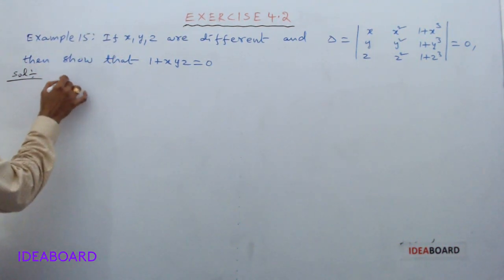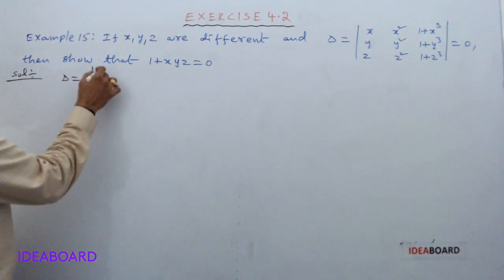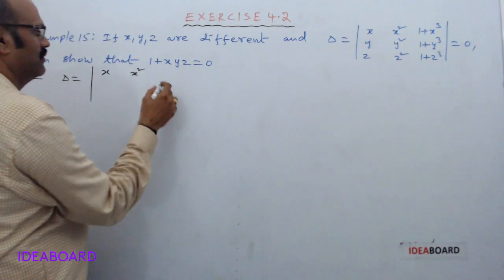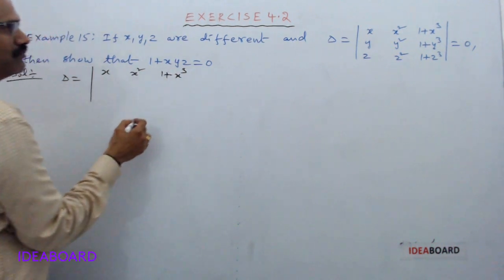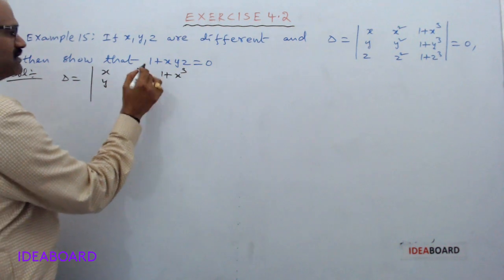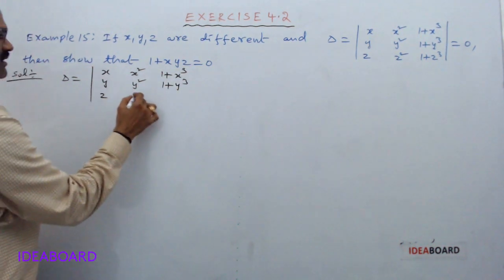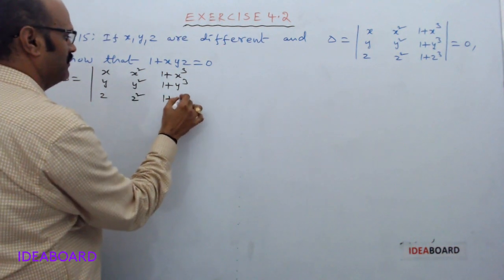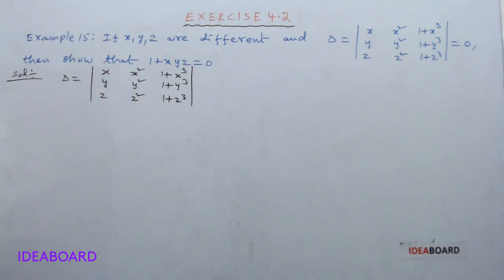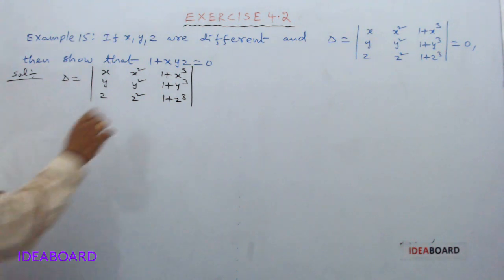Delta is given by the determinant of x, x square, 1 plus x cube, y, y square, 1 plus y cube, z, z square, 1 plus z cube, equal to 0 is given.